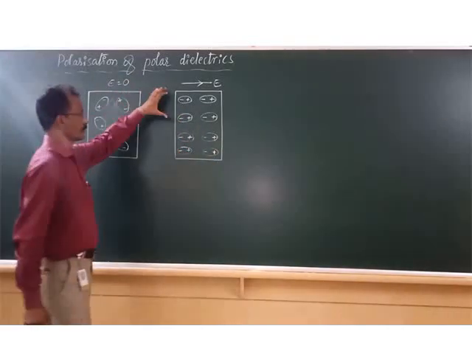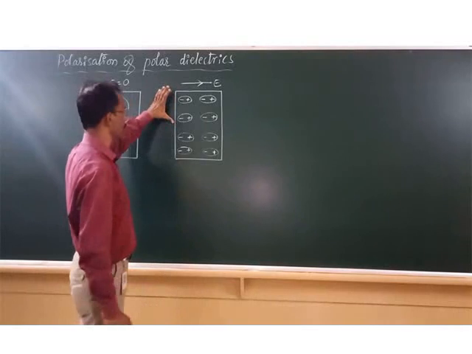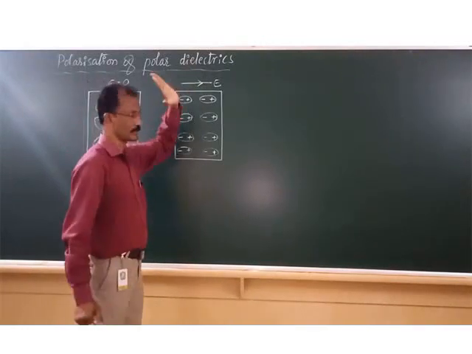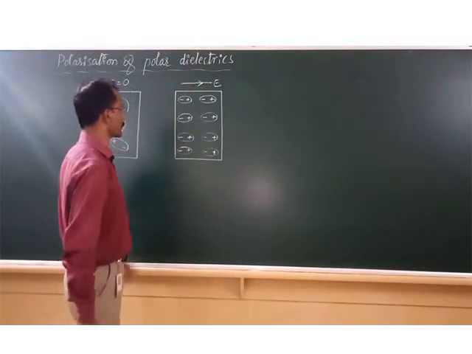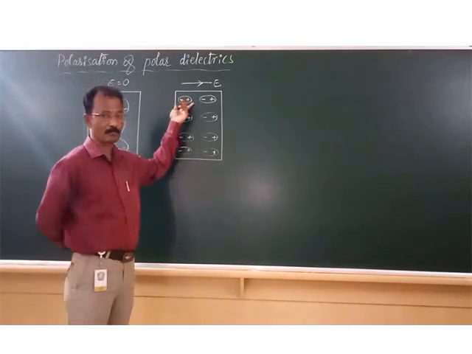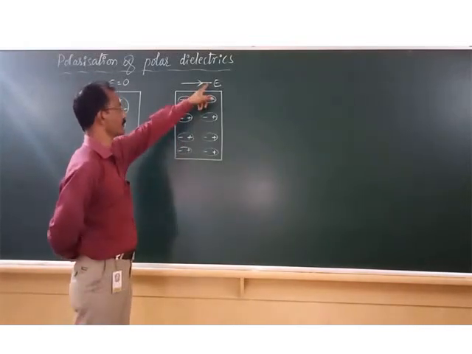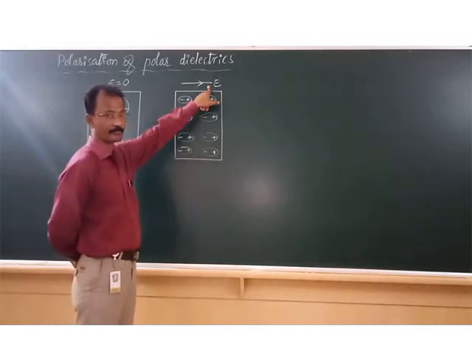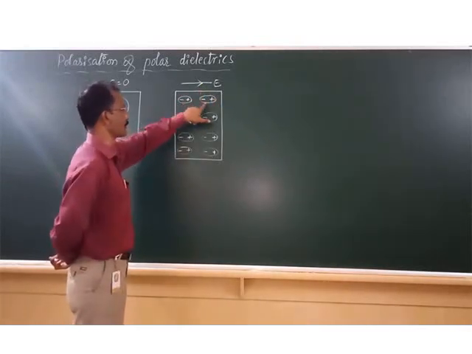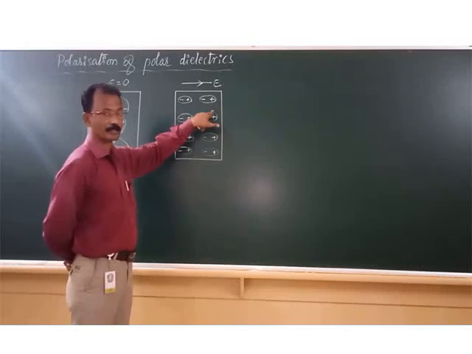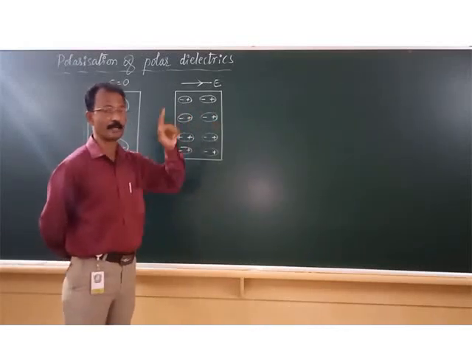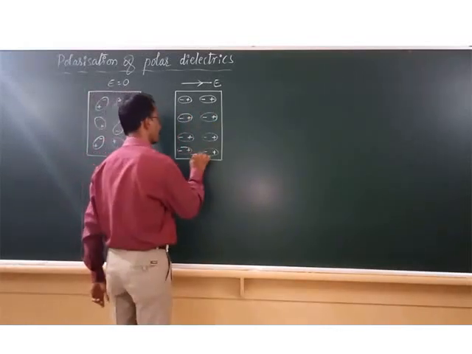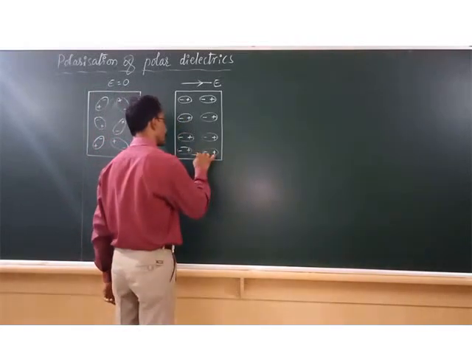And the dielectric slab with polar molecules is placed in an external electric field. So these dipolar molecules are aligned with the direction of the external electric field. So the dipole moment of each molecule gets added to give a net dipole moment in the direction of the external electric field.